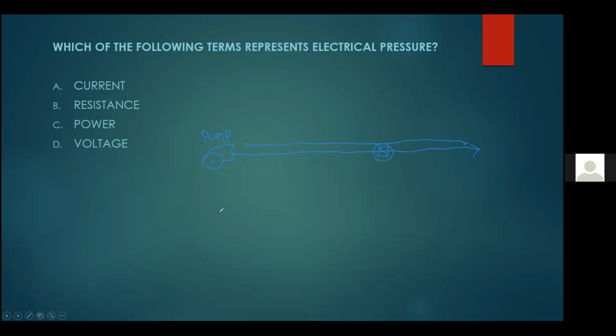In an electrical circuit, voltage is the pressure, current is the flow, and resistance is like your check valve. So D is our answer here. Current is flow, so for those who answered A, current is always flow. Voltage is pressure. Good one.